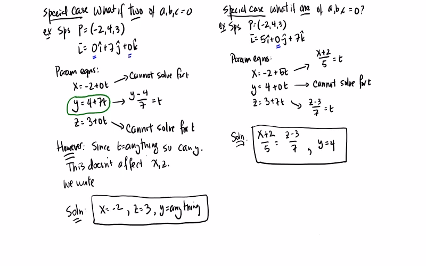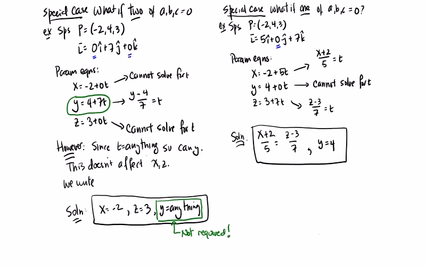So this part right here isn't even necessary. If it helps you cognitively think about what's going on, by all means put it. But you could just put x equals -2, z equals 3, done. The y is not necessary because by not saying anything, you're allowing y to be anything it needs to be. So be aware of that.